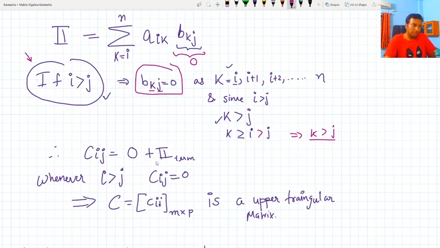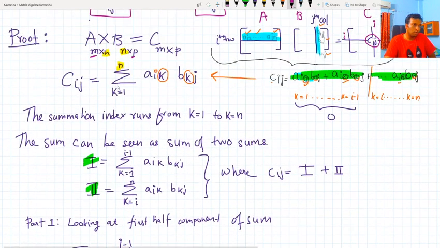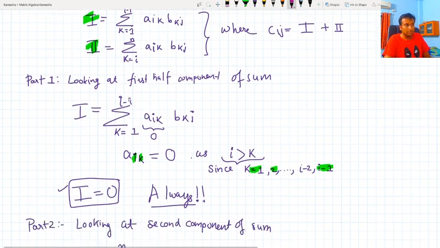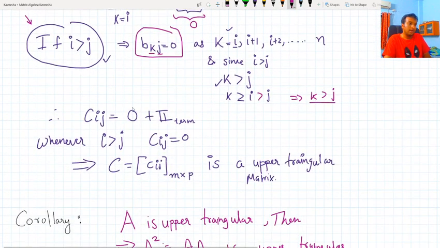C_ij is nothing but, we broke the sum into two parts, the first half and the second half. The first half is always 0 regardless of whether i is greater than j, j is greater than i, or they are equal. The second part depends on the condition, and we only looked at the case when i is greater than j.